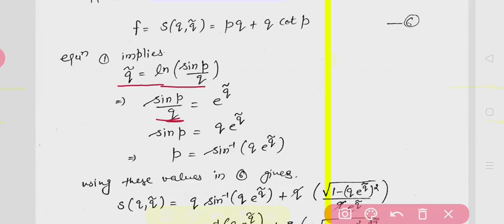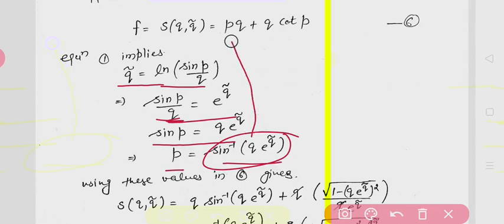Okay. Because the left hand side becomes the power of the base, that is e raised to power Q tilde. Right. Or you can say that sin P will be equal to Q into e raised to power Q tilde. Or P will be equal to sin inverse of Q into e raised to power Q tilde. Right. You place the value of this P over here.